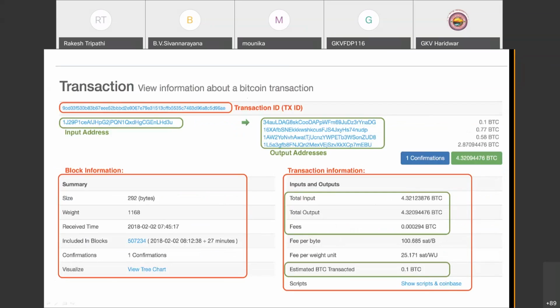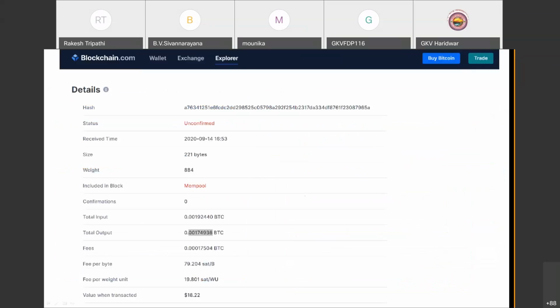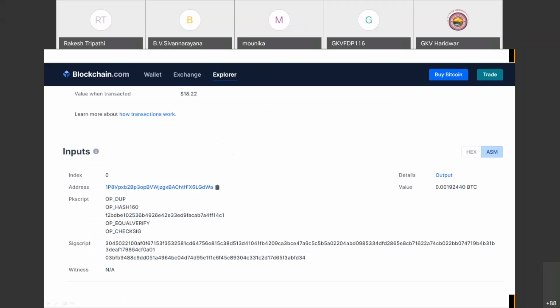Okay. So this is the transaction ID. This is the input address. This is the output address. Okay. And then you can see the total input and output. And this is unconfirmed. For the input index, we have the previous transaction, this one and this. You can see the PK script and script sig.